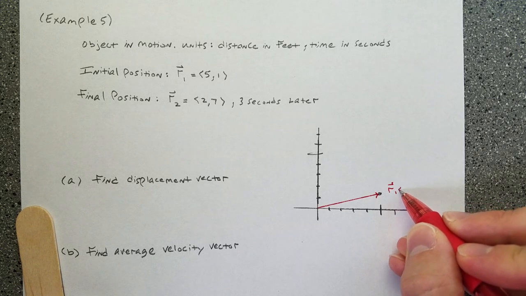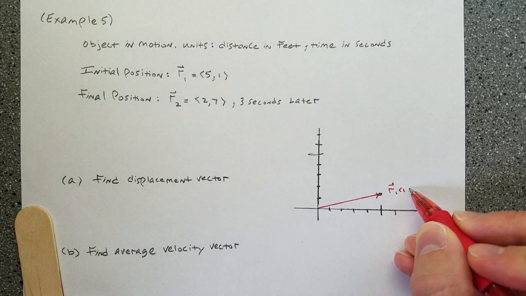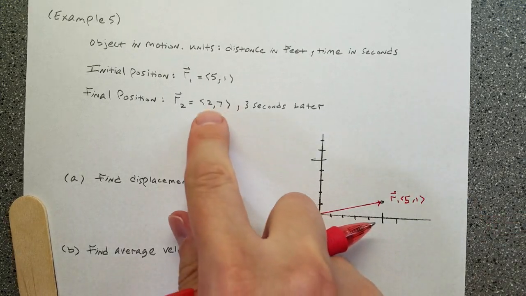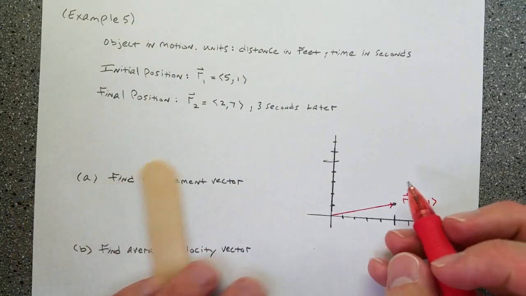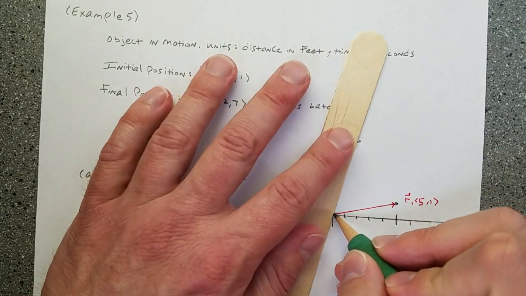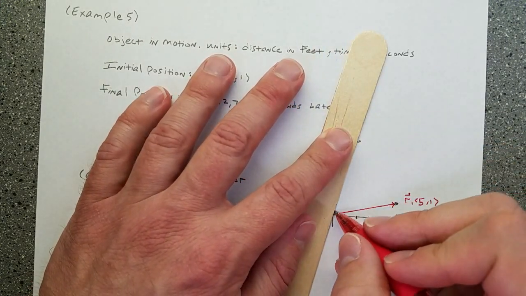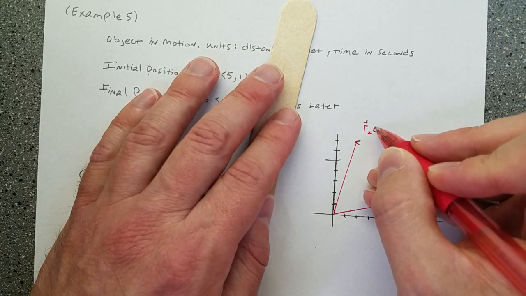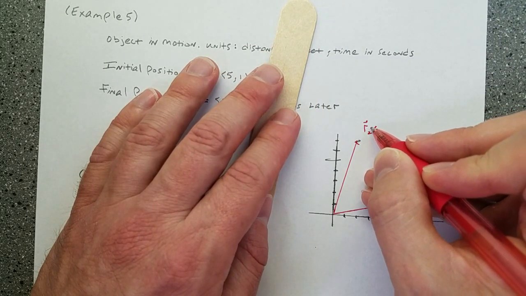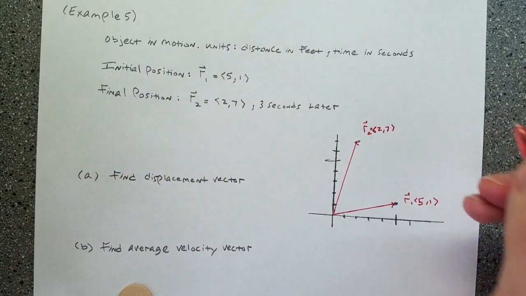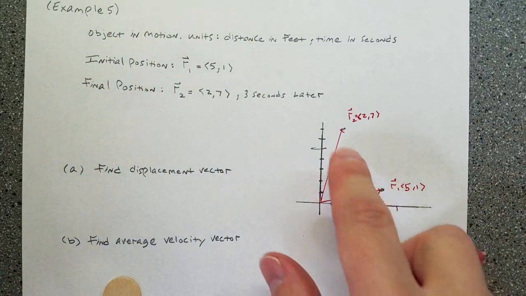There it is, r1 is (5, 1). And then some later time, you find yourself at (2, 7), which will be here. So there's r2. It takes you 3 seconds to get from here to there.